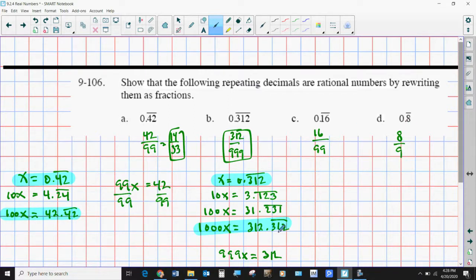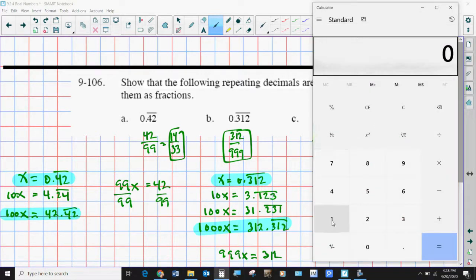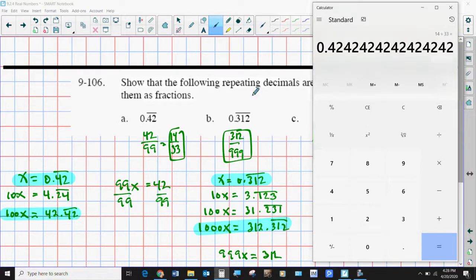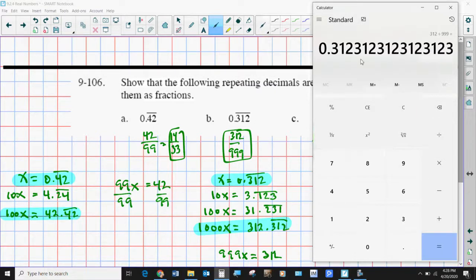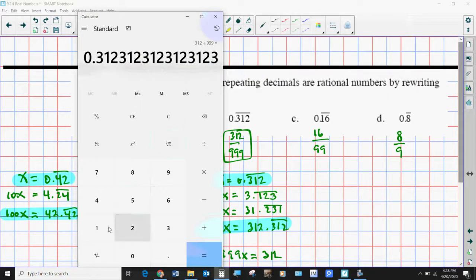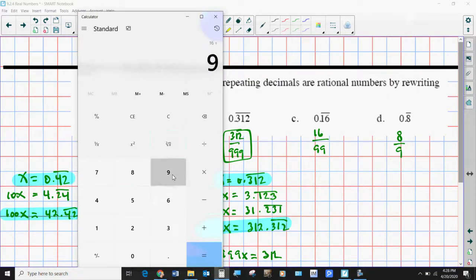Now, I recommend you go through and check. Make sure those are correct. So let's take 14 divided by 33. Does that give me 42 repeating? Yes, it does. Let's take 312 and divide it by 999. Does that give me 312? Yes, it does. Let's take 16 and divide it by 99.